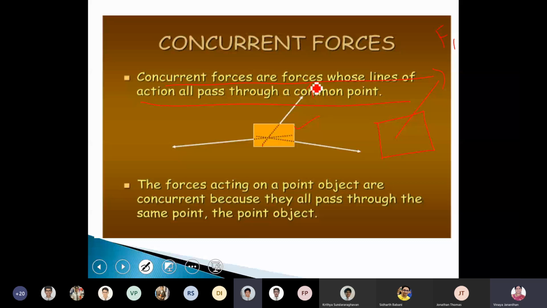So it might be forces F1, F2, and F3. In this example, there are 3 forces acting on a body. Look at the dotted lines. All the lines of action of the forces are meeting at a common point. In other words, all the forces act at a common point on an object. Such forces we call concurrent forces, right?